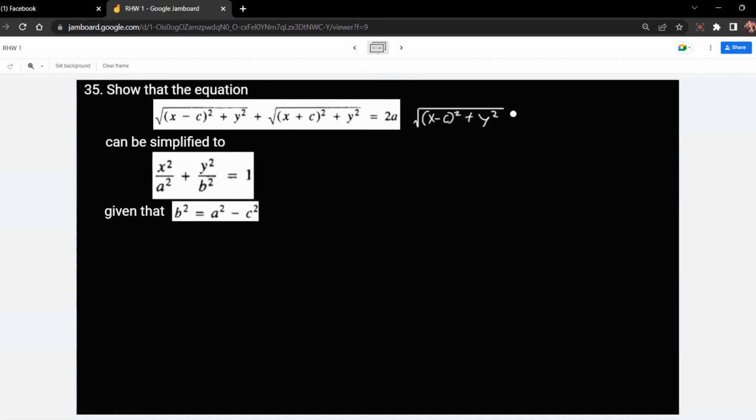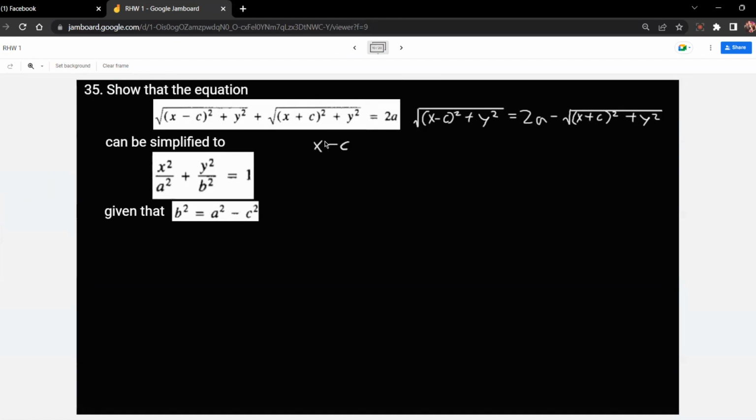So isolate natin yung isang square root. Okay, and then take the square of both sides.